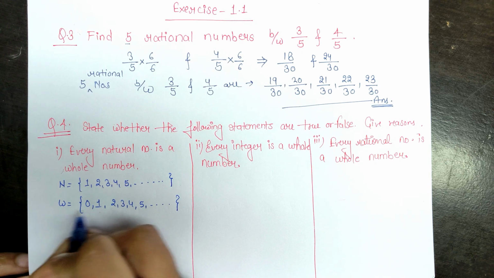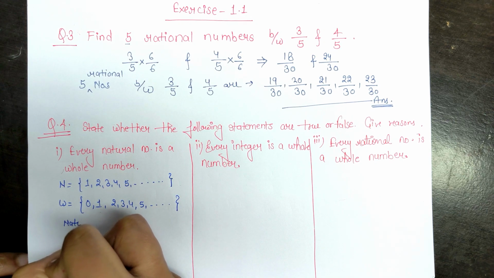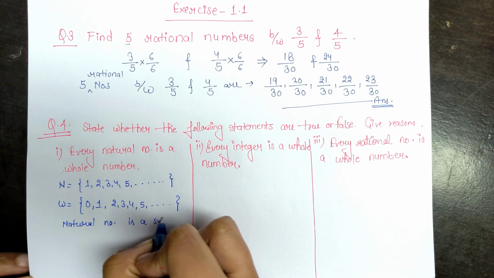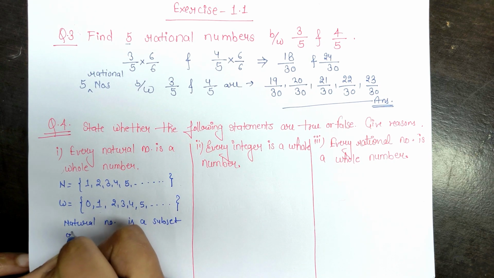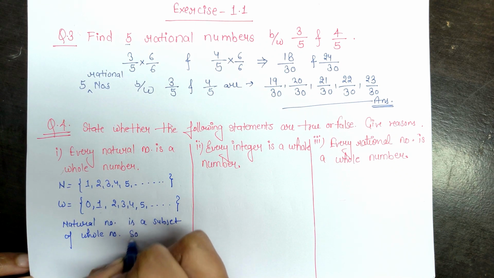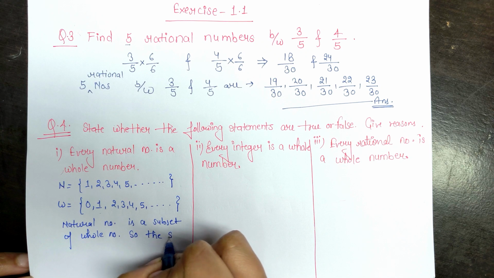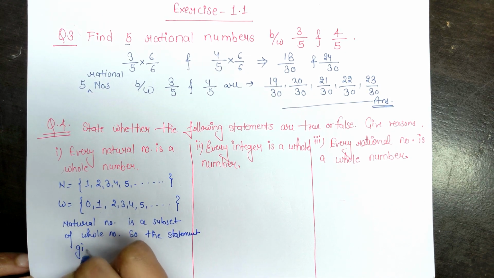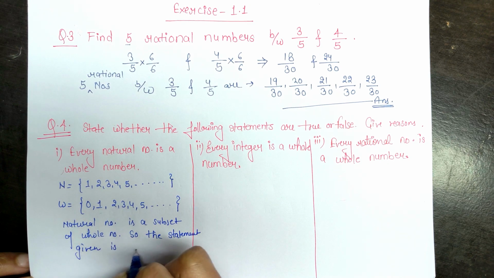So natural numbers are a subset of whole numbers. So the statement given is true.